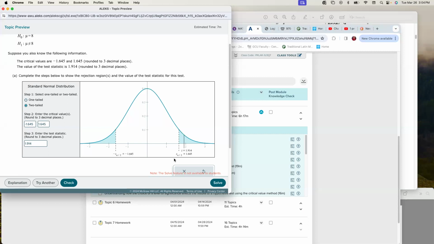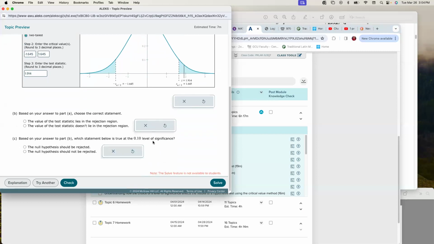But it's two-sided, there we have it. And so that's all I need to know. From looking at this picture, I can see my test statistic is beyond that critical value. If my test statistic was there, my p-value would be 0.10. But because it's beyond, that means it is less than alpha, which means I'm going to reject the null hypothesis.